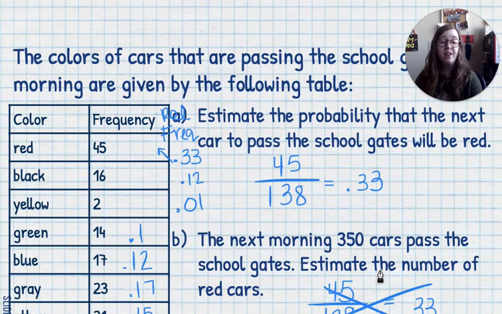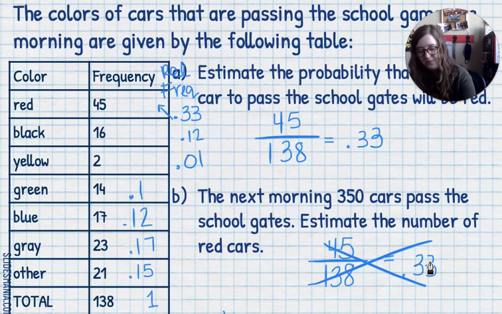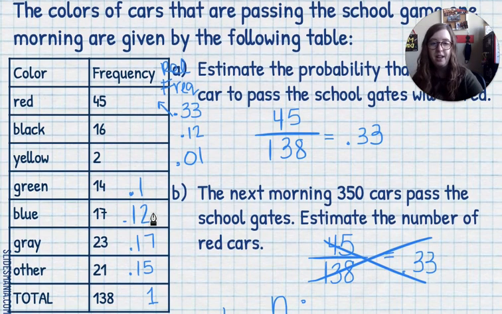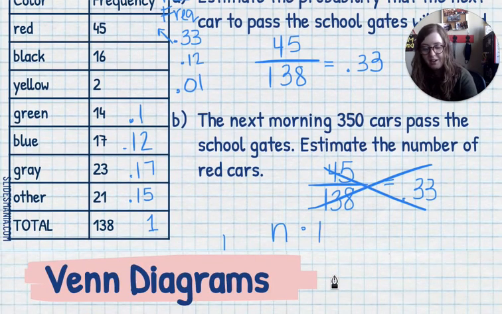All right, now if 350 cars pass the school gates, estimate the number of red cars. So this is, again, going to be one of those n times p, the number of trials.